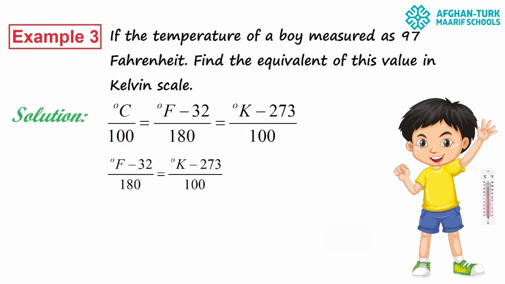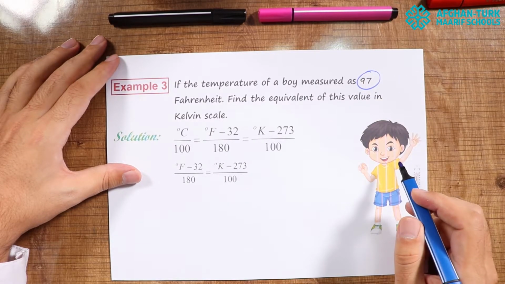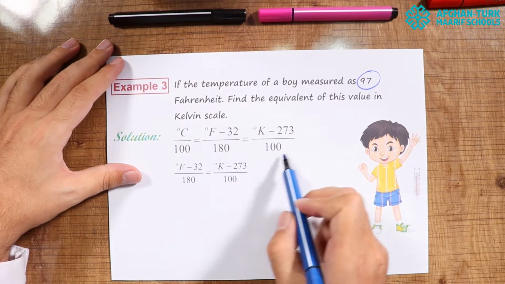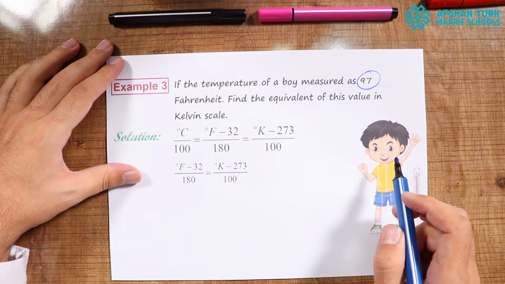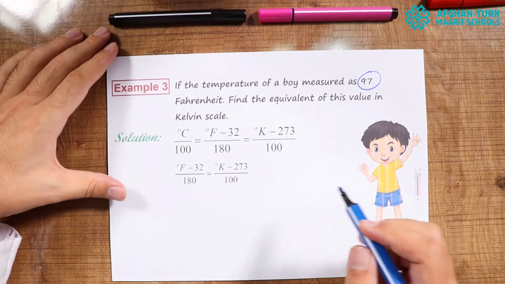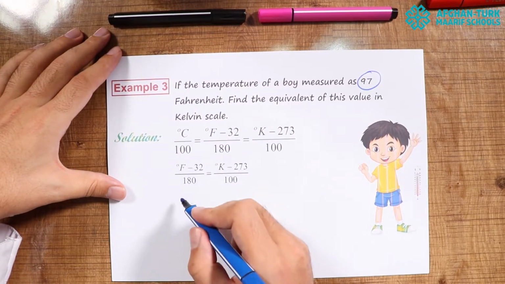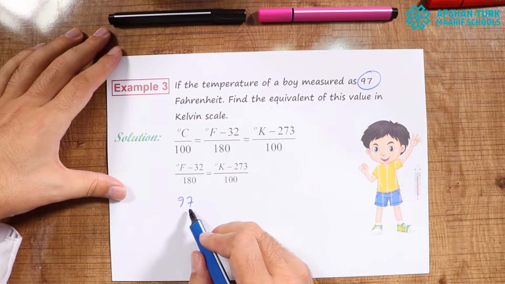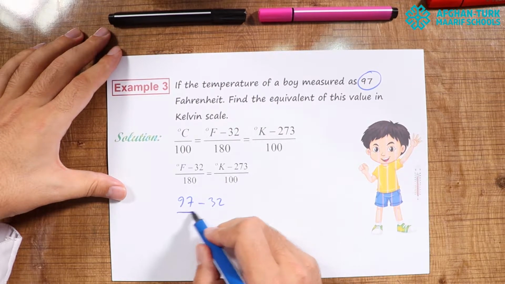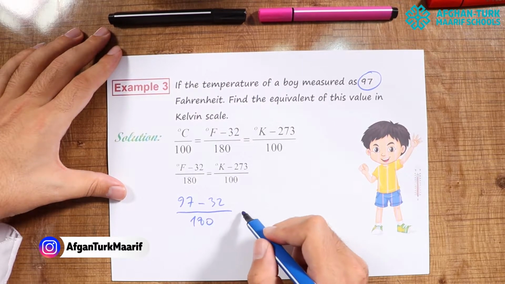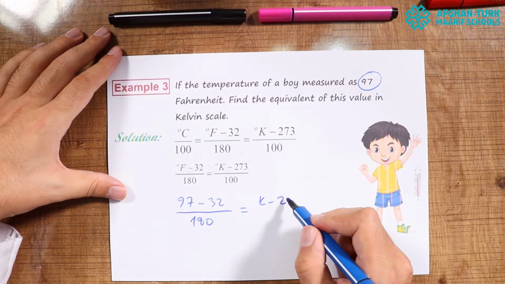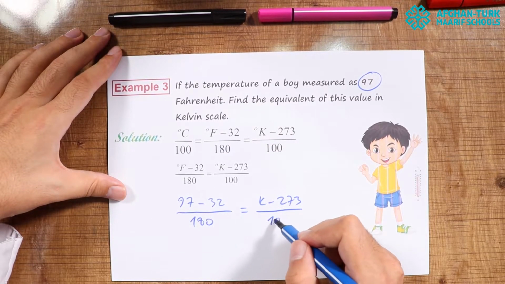We will find again the Kelvin scale, but this time I have Fahrenheit, which is 97 degrees. I will use the right side of the relation. Again from the cross multiply, 97 minus 32 divided by 180 is equal to K minus 273 divided by 100.